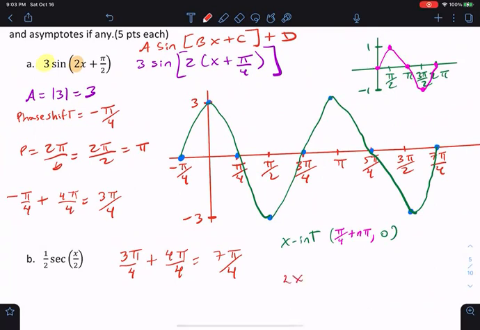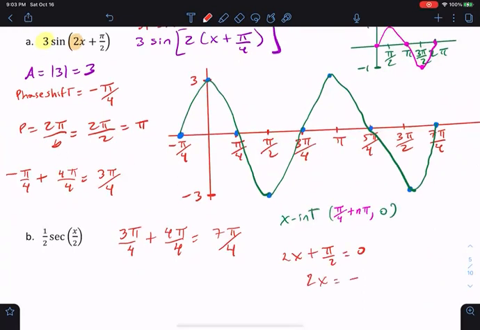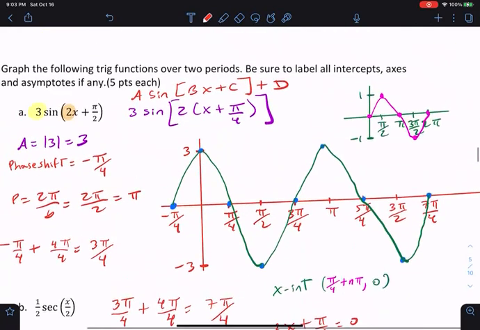So 2x plus pi over 2 equals 0, and 2x equals negative pi over 2. Then we multiply by 1/2. So x equals negative pi over 4. And let's see, this is right. This is pi, 3 pi over 2, 2 pi, pi over 2.